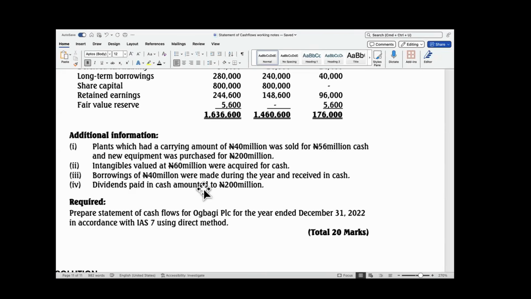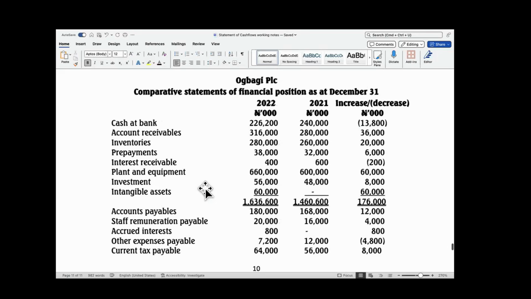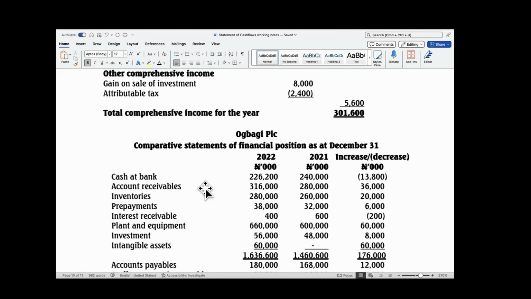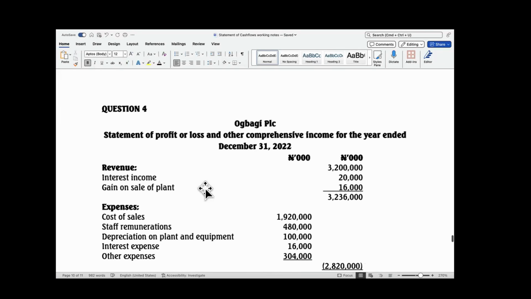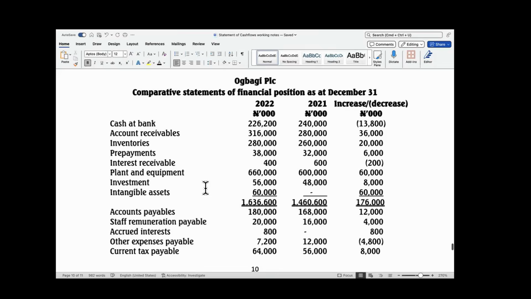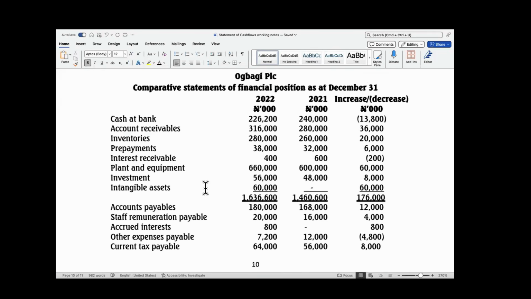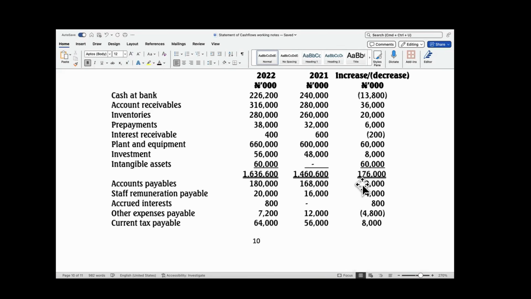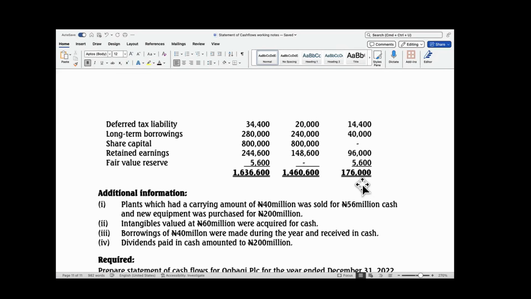So now, when you are doing the direct method, I can move directly to my statements and start working out the cash movements directly, or start identifying all the cash items, since they have given me the increase and decrease in my investments and assets and liabilities and all that.